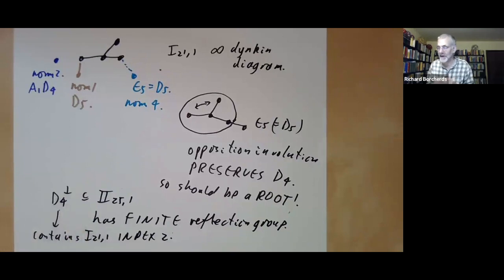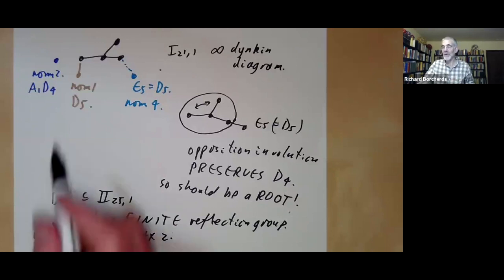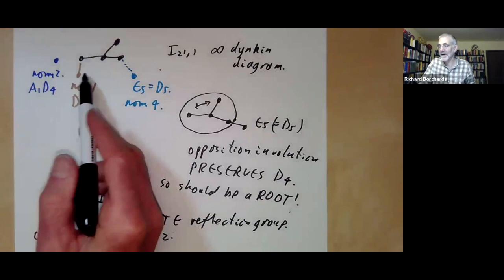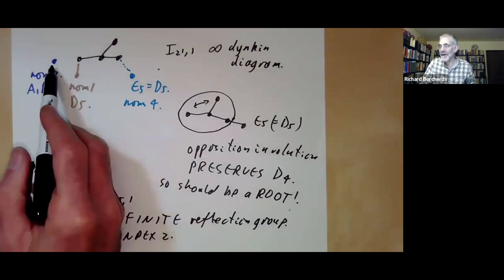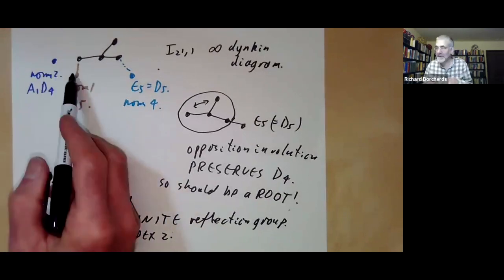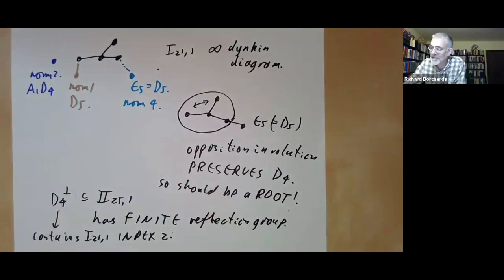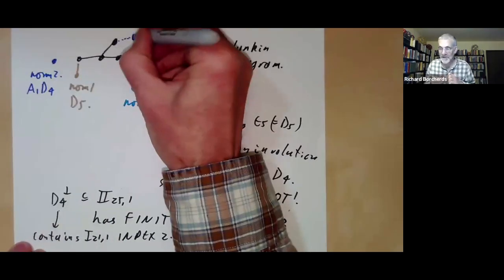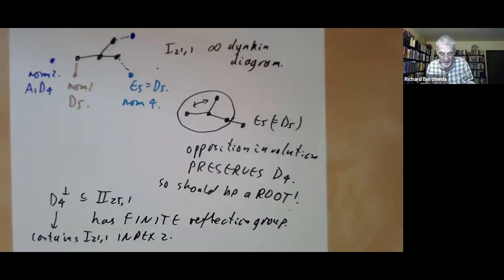One has index 2 inside the other, and this one has an infinite Dynkin diagram and its symmetry group is infinite, whereas this one just has a finite Dynkin diagram, and you can write down its finite Dynkin diagram just by taking all these sorts of vectors. Actually, there's another sort of vector. Of course, you can take these ones as well, but that just gives you something similar.